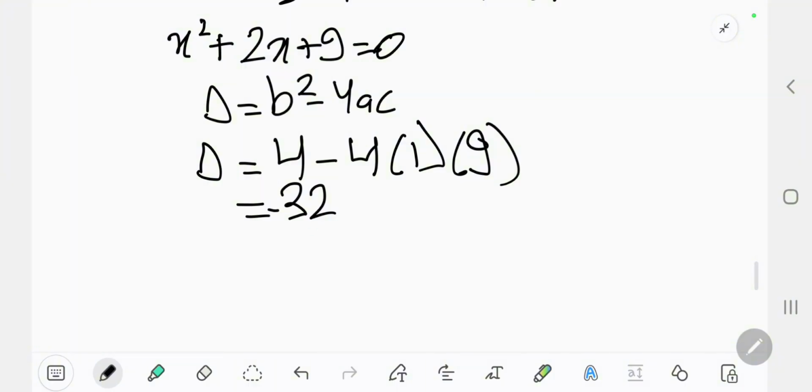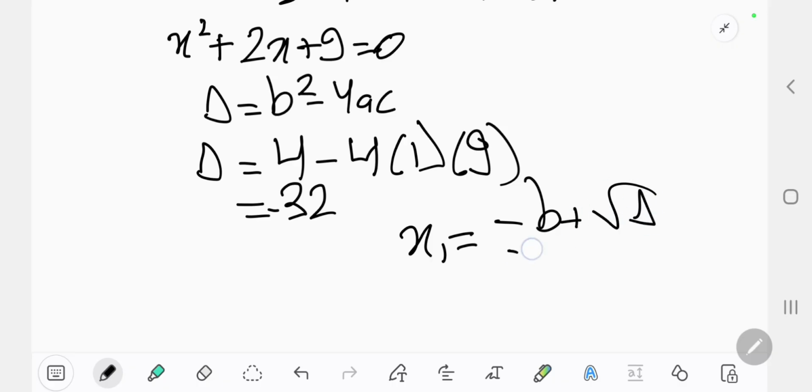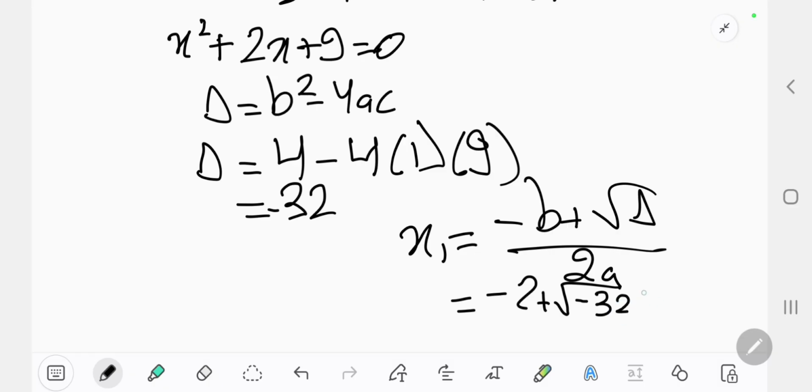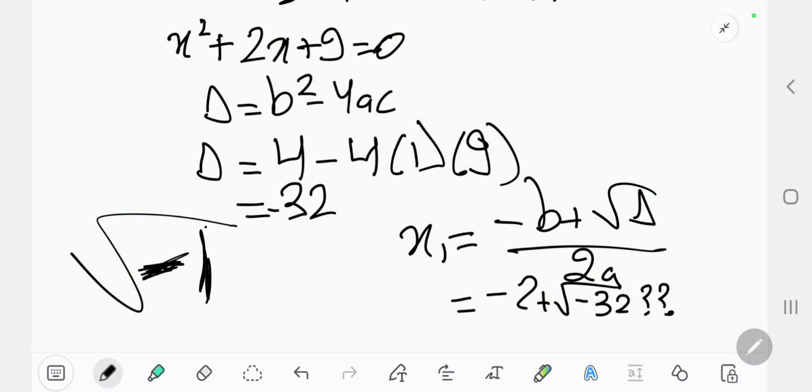So if we want to find x1 and x2, let's try together, yeah? Minus b plus radical delta over 2a. So it's equal to minus b, which is minus 2, plus radical minus 32. Is that possible? You cannot have anything negative under the radical. The number cannot be negative.